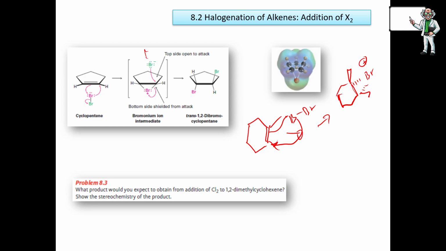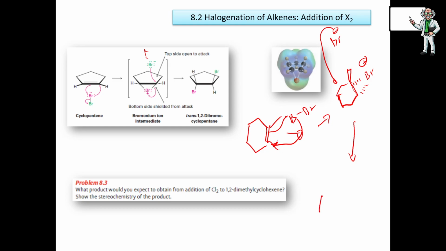When I have this, basically the bromide has to attack the bromonium ion from the opposite side, where the ring is free, because this is an SN2-type reaction, that means that the attack is from behind.